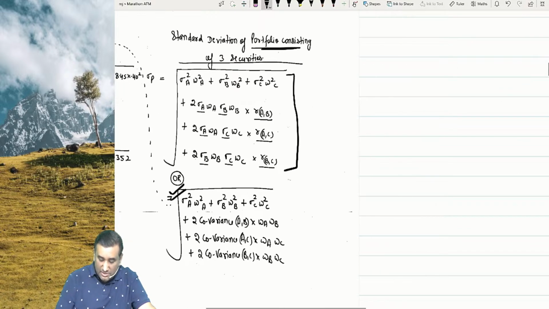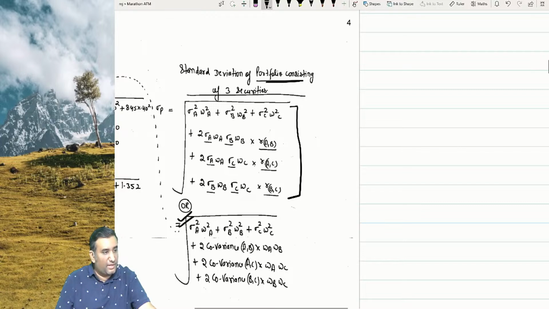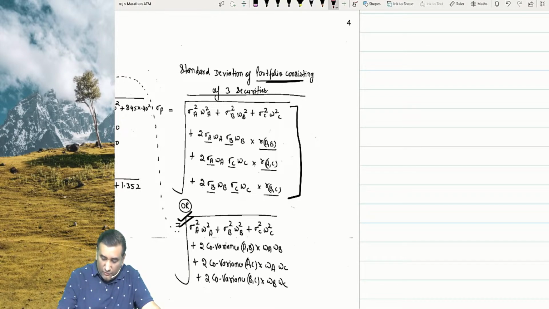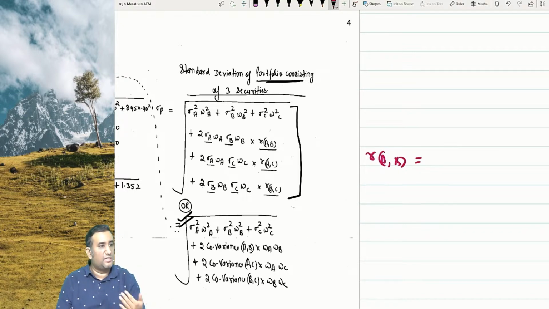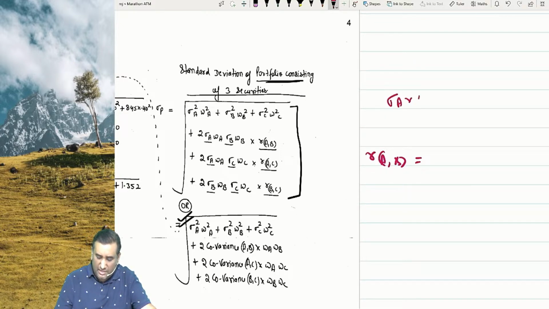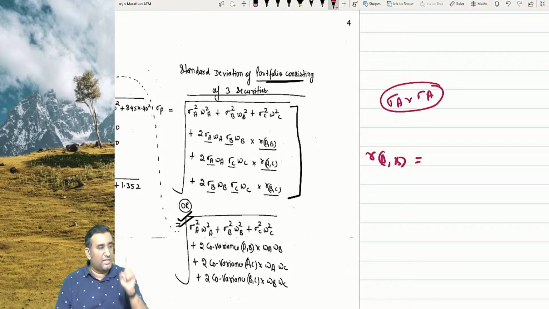Now how that comes is, if anyone recalls, I'll write down the R formula for you. The correlation formula: correlation basically shows the relationship between two numbers. Variance is standard deviation A into standard deviation A; the relationship with itself is 1.